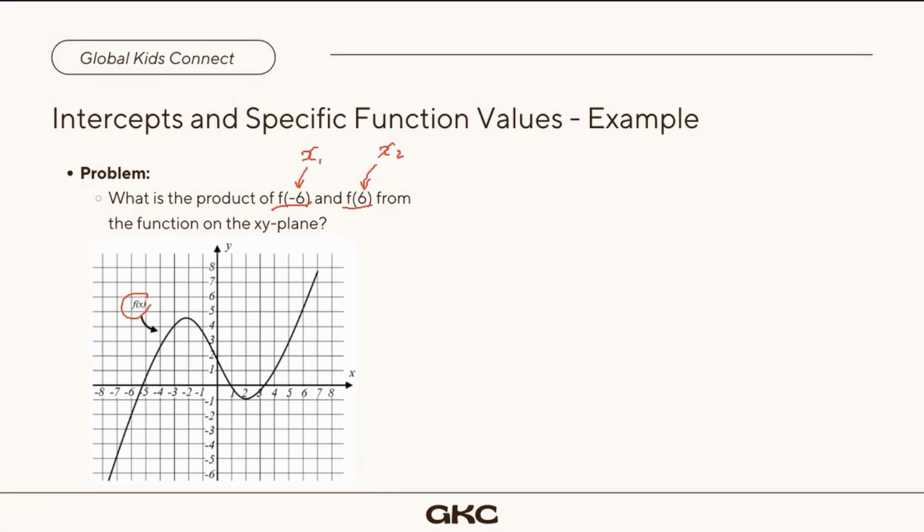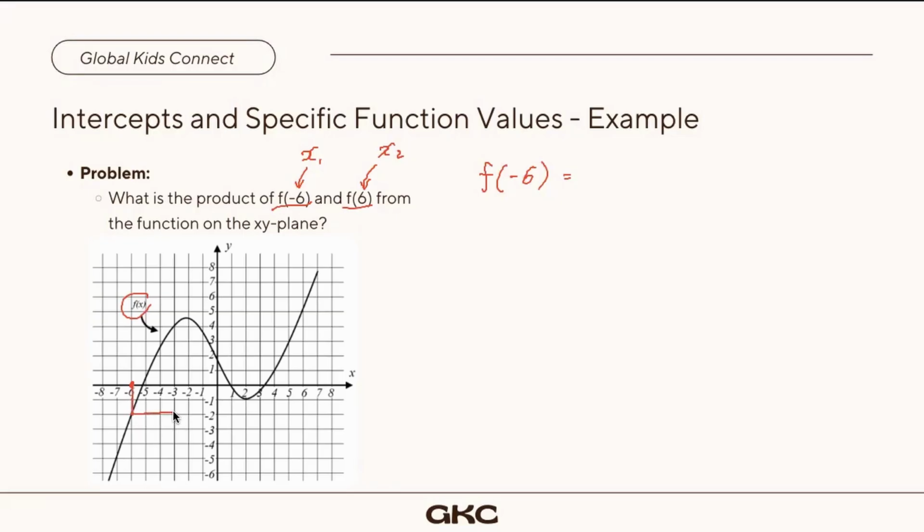We can first try to find the value of f of -6. We find the point where the x value is -6, which is here. f of -6 asks for the y value at that point, so we draw a line until it touches the graph itself.